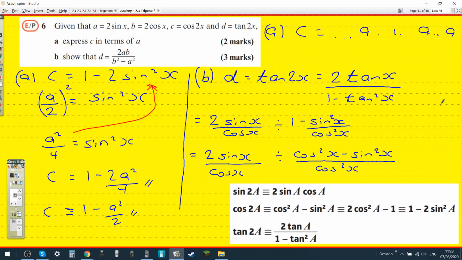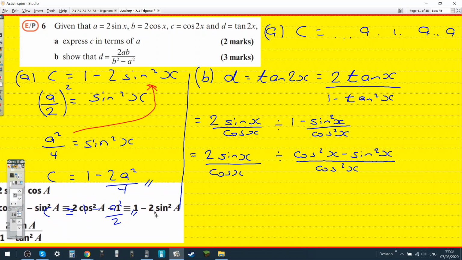Keep, change, flip. Yeah. Before we do that, and you're correct, I'm just wondering, can we make this simpler? So we're looking to put in like a and b and stuff. A is 2 sine x. So what can we do there? Should we sub in the a's and b's?